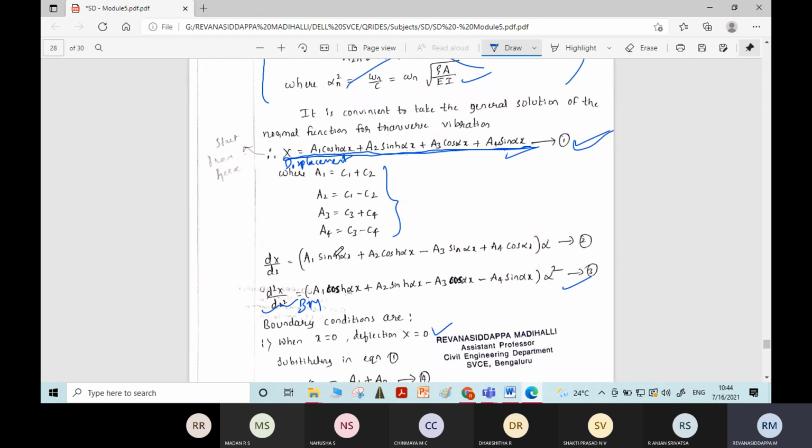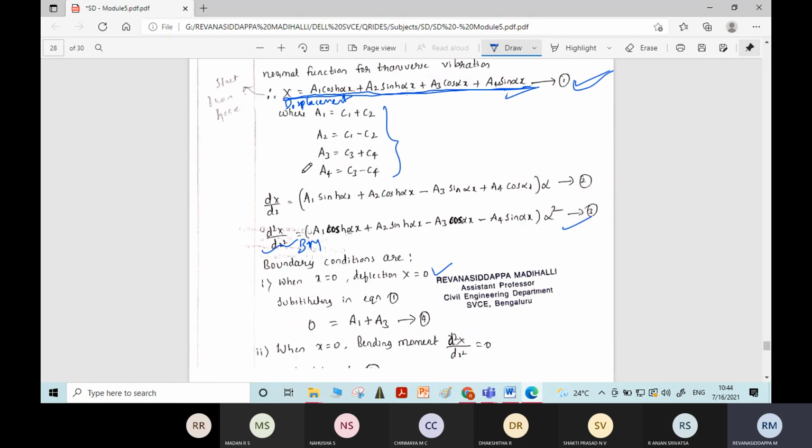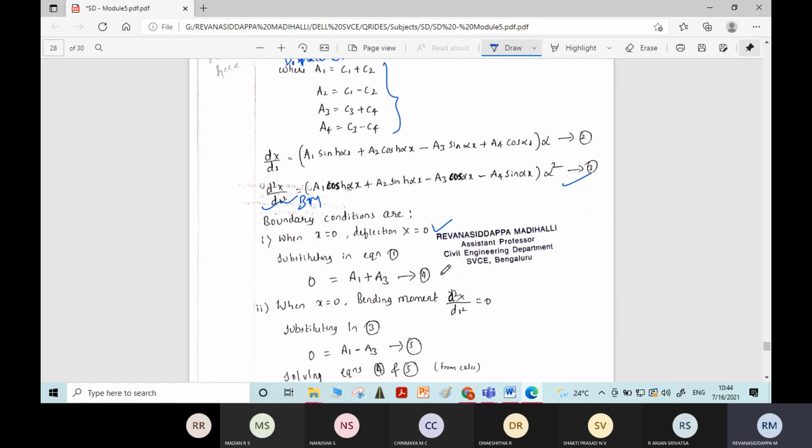When you substitute small x equal to 0 in these expressions, cos hyperbolic 0 you will get a1, cos 0 gives a1, sin 0 becomes 0, this sin 0 becomes 0, so a1 plus a3 equal to 0 you will get. Coming to the second condition, at x equal to 0, bending moment d square x by dx square equal to 0.